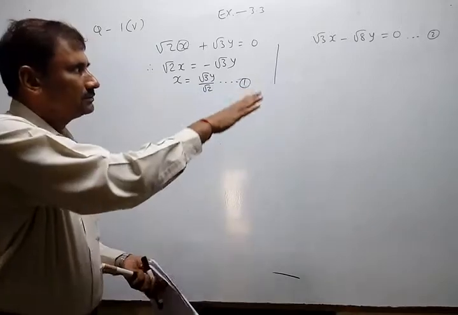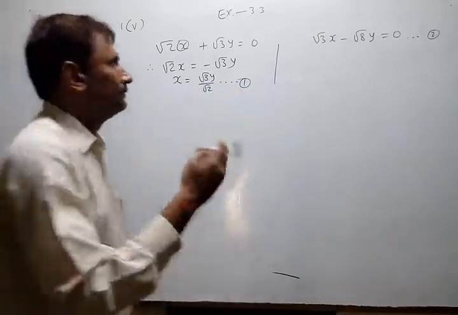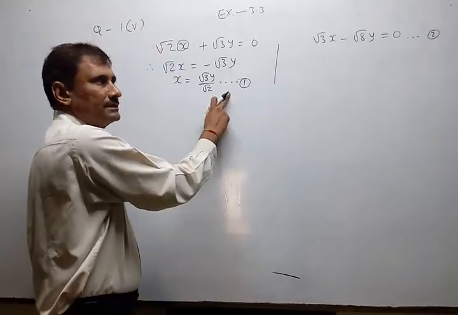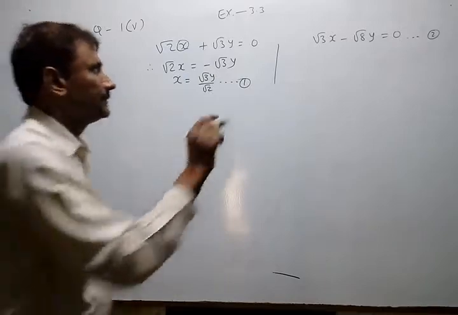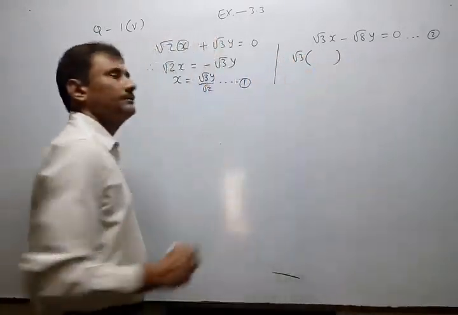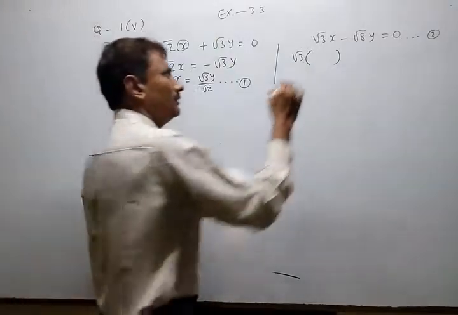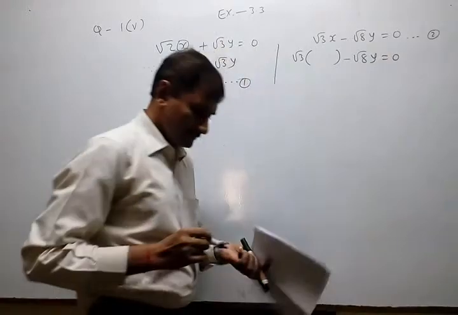Now replace x by this one, using equation number 1 every time. So in root 3 x, instead of x, write whatever you obtained, then minus root 8 y equals 0.